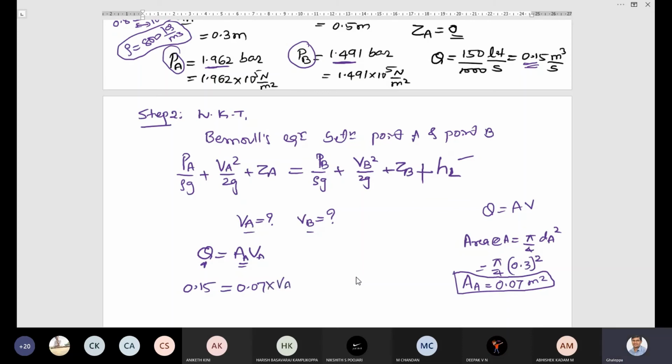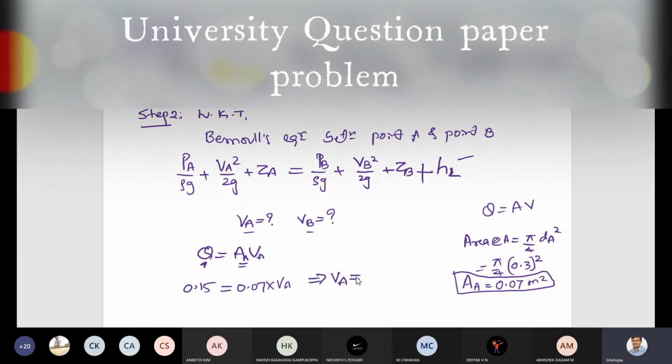So using this equation, you will calculate velocity A. So 0.15 divided by 0.07, I will get 2.142. If I'm right, 2.14 meter per second will be the value of velocity at point A.